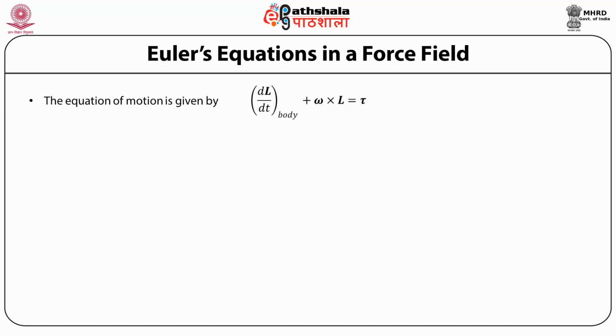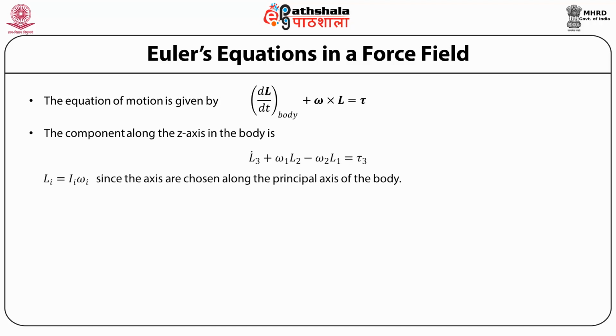The equation of motion is then given by the time derivative of the angular momentum in the body fixed axis plus omega cross L is equal to torque. The component along the z-axis in the body is, for example, L3 dot plus omega 1 L2 minus omega 2 L1 is equal to tau 3, where Li is equal to Ii into omega i, since the axes are chosen along the principal axis of the body.